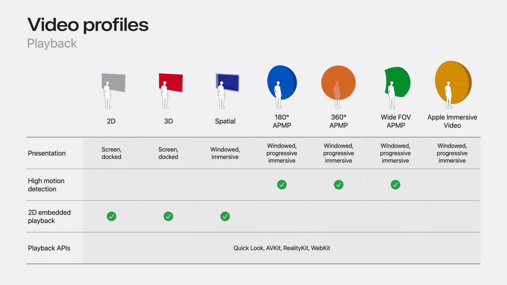And here's a reminder of how all of the different profiles can be presented during playback. Note that high motion detection is automatically enabled for all 3 APMP profiles. And 2D, 3D, and spatial videos all offer 2D playback when embedded inline because of their rectilinear projection.